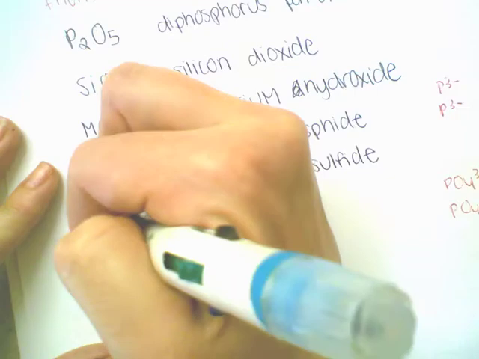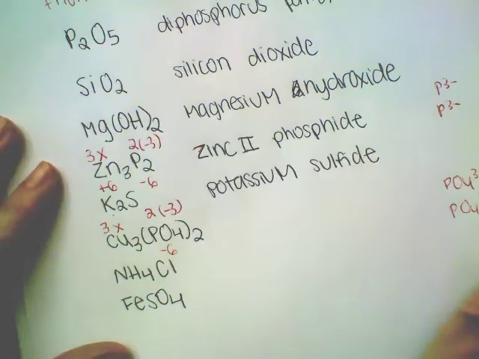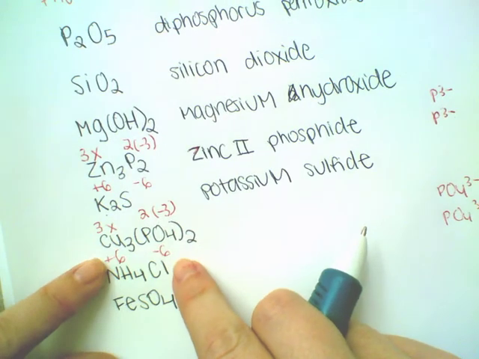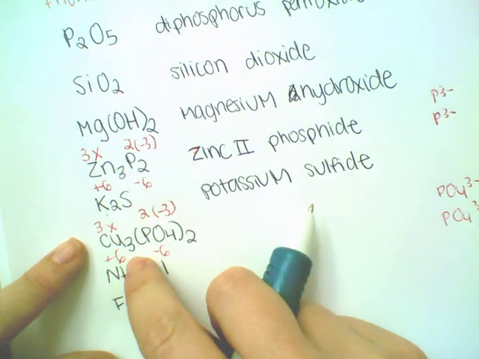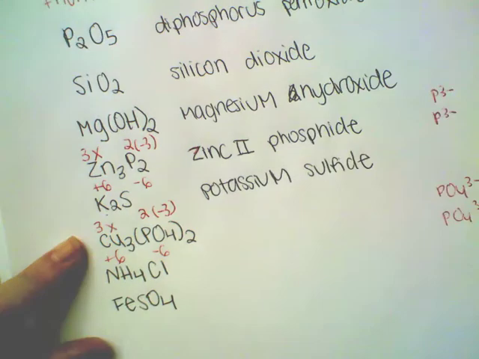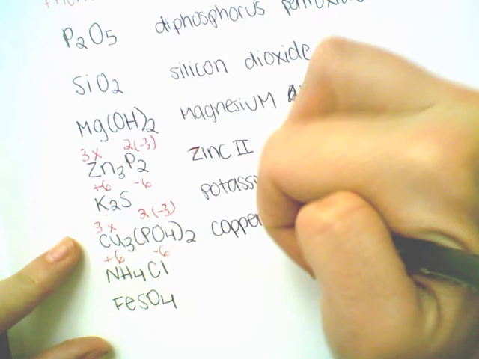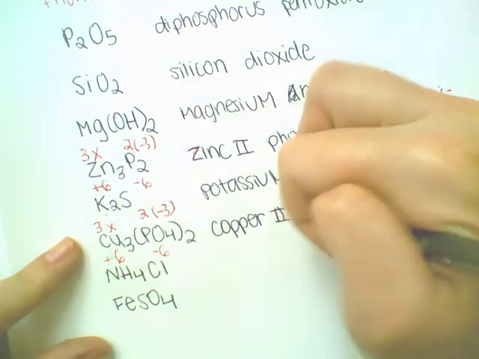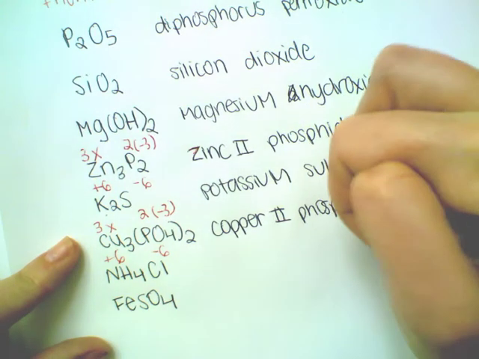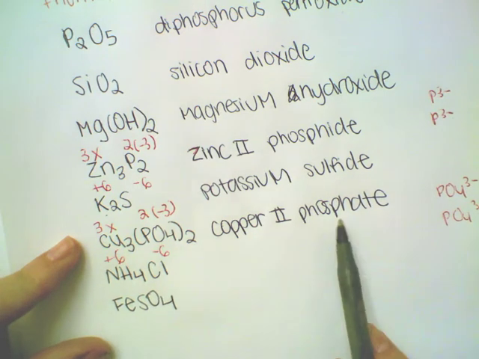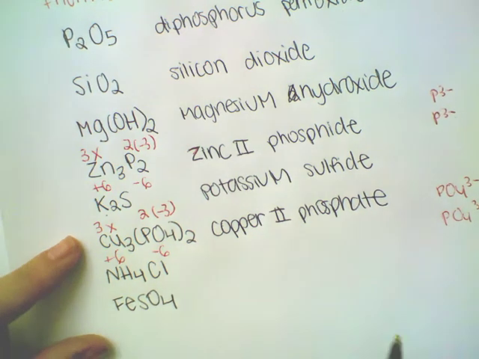And we don't know what the charge is, but we know that the charge has to add up to +6. Okay, these need to be equal and opposite. So 3 times what is 6? Again, we have a +2 ion. So this will be copper 2 phosphate. Okay, so whenever we have a polyatomic ion, you just name the polyatomic ion.